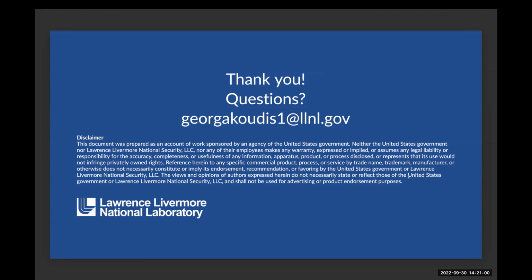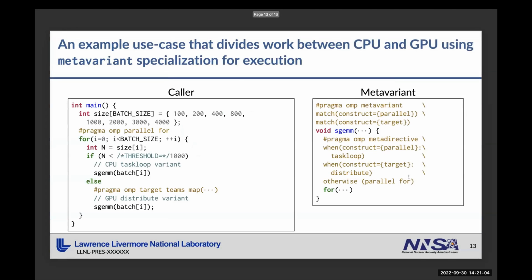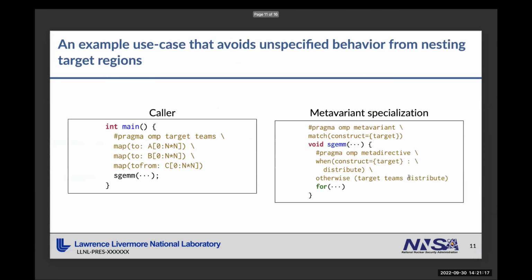Thanks, Tom. You had an example earlier where I believe you were using the meta variant with checking the target construct inside a meta directive. Could you go back to the previous example? Yeah, this one, which is a pretty simple one.